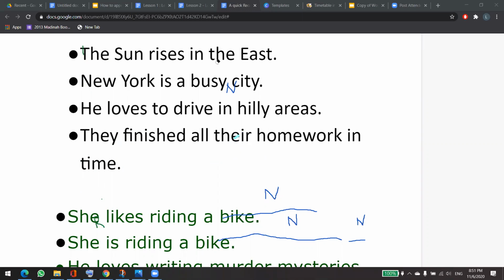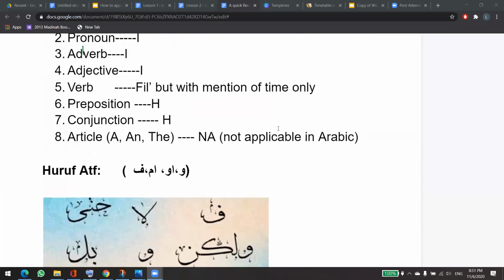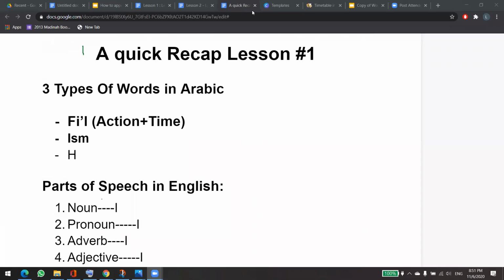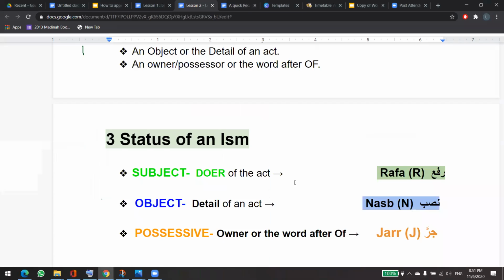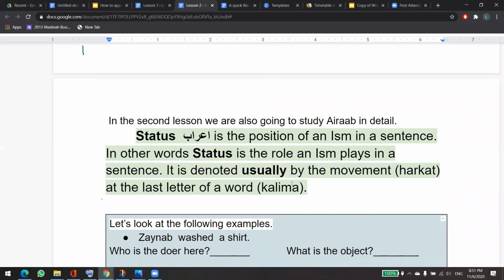Okay. So we can just recap what we learned so far today. No, this is the recap. This was the recap, okay, recap of the first lesson.